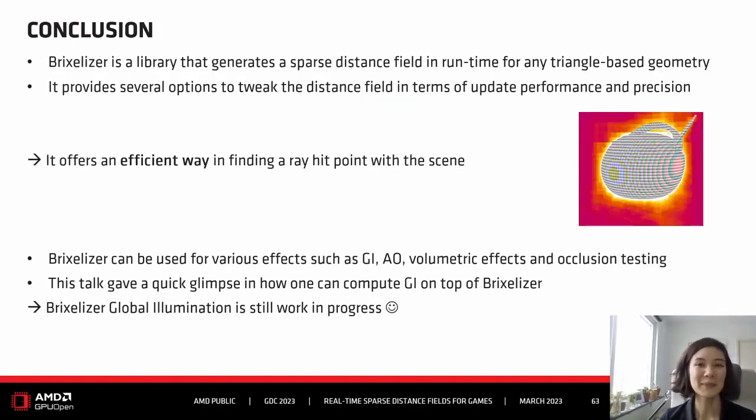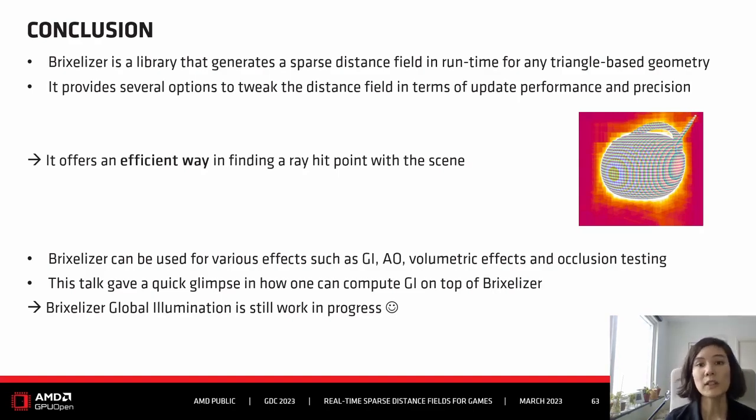And this is the end of the presentation. I presented to you Brixelizer, a library that generates in runtime a sparse distance field for any given triangle-based geometry. There are several options for you to tweak the distance field generation in terms of update performance and precision. Brixelizer is there to offer you an efficient way in finding the right hit point with the scene.